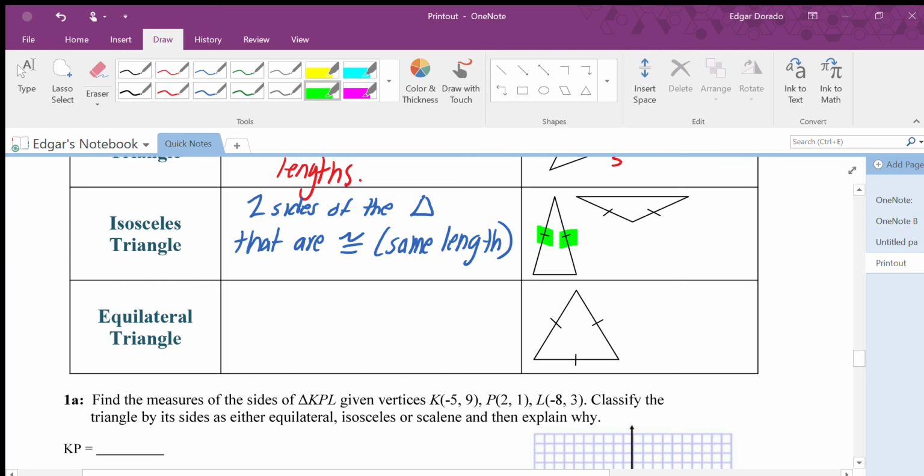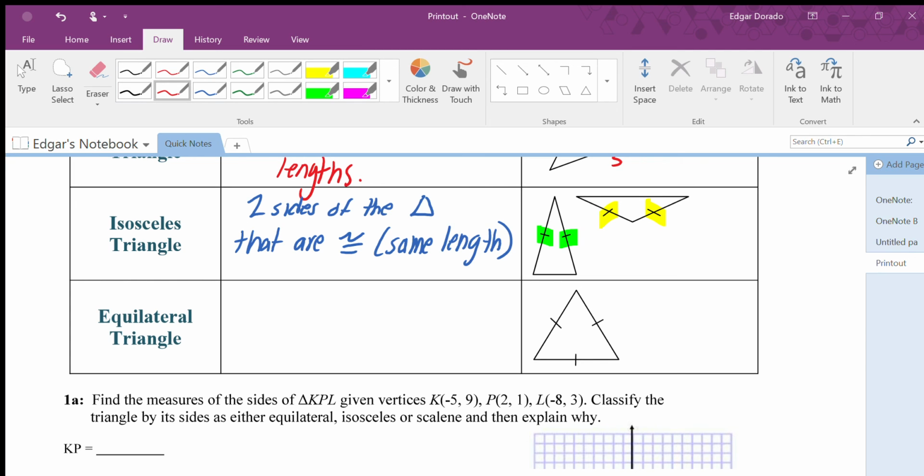That's because both of those sides are congruent. They have the same length. Same exact thing with this example. Both of those sides have the same length. The other one might be a little bit longer, a little bit shorter. It doesn't matter. As long as two of them have the same length or are congruent, then we would consider those isosceles triangles.